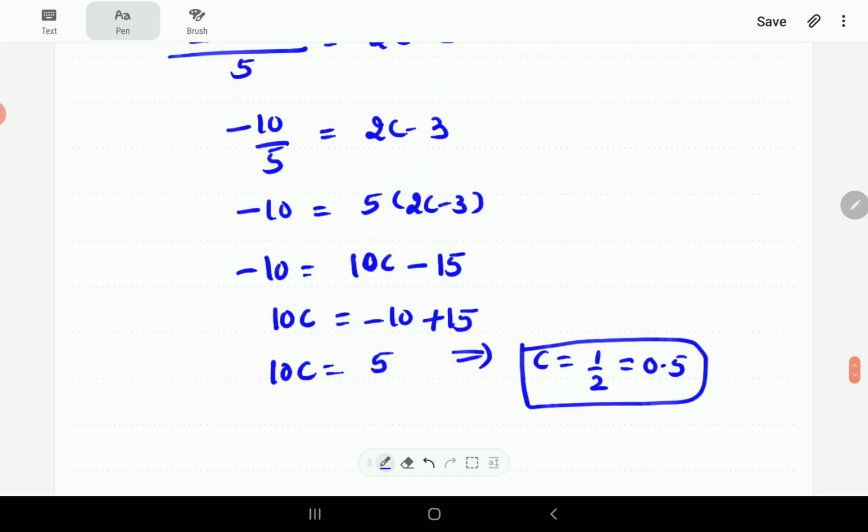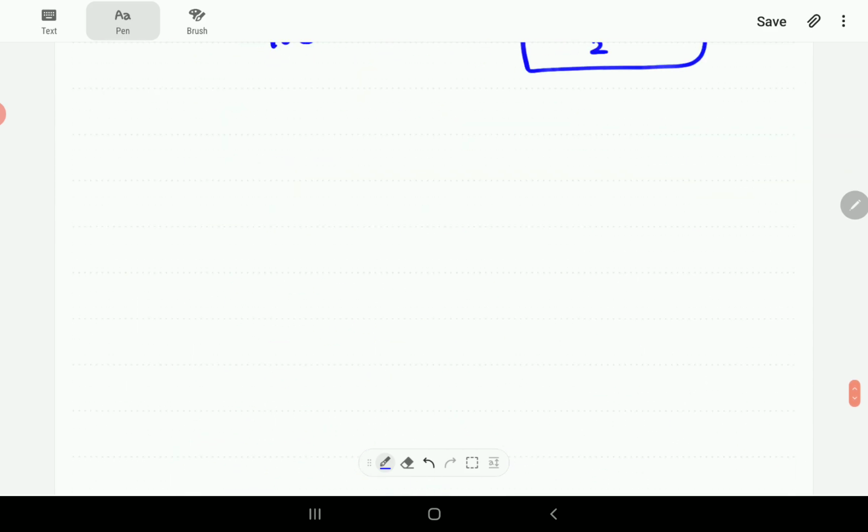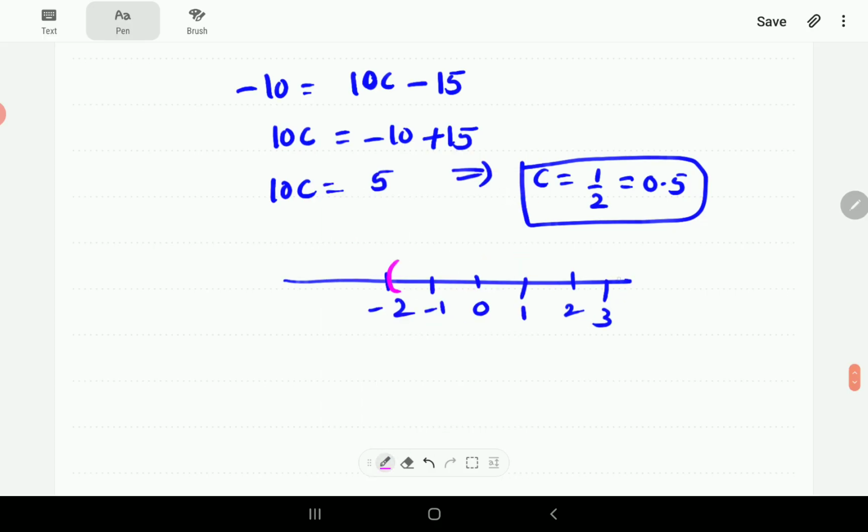Our given interval is -2 and 3. If you write this as -1, 0, 1, 2, 3, your given interval is this one, and your 0.5 is somewhere here.